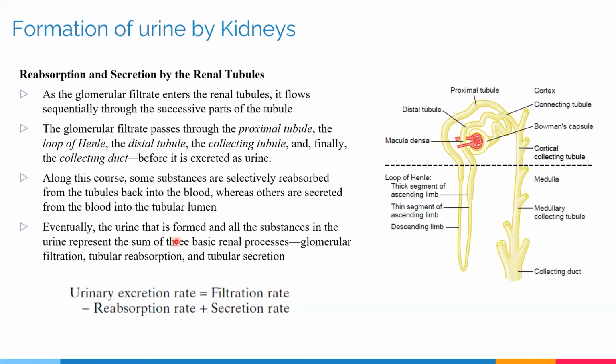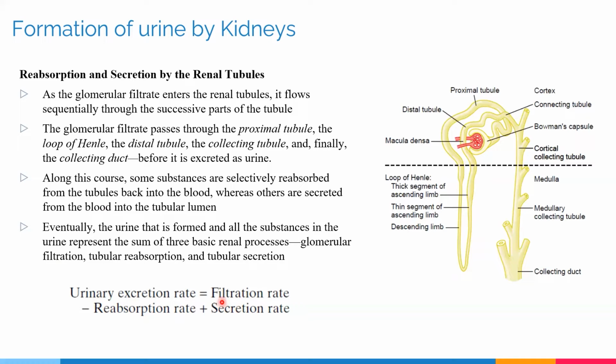Thus, the urine that is formed and all substances in the urine represent the sum of three basic renal processes, which are glomerular filtration, tubular reabsorption, and tubular secretion, which can be expressed in this manner: urinary excretion rate equals filtration rate minus the reabsorption rate plus the secretion rate.